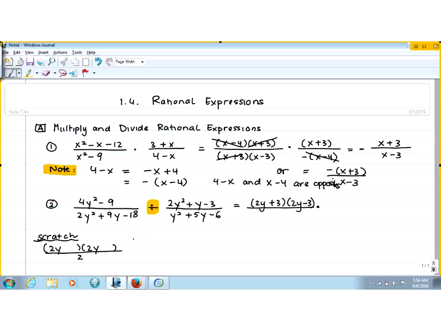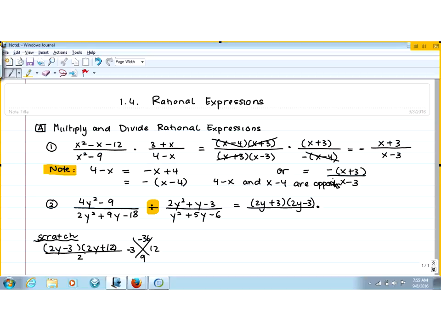What is the product? Negative 36. What is the sum? 9. So what are the two numbers? Is it factorable? 12 and 3, and you have to adjust the sign. Negative 3. So if we multiply, this is negative 36. If we add, that is 9. So minus 3 plus 12.